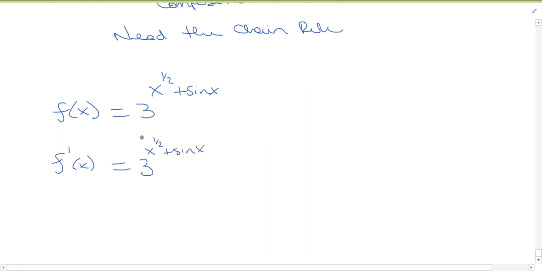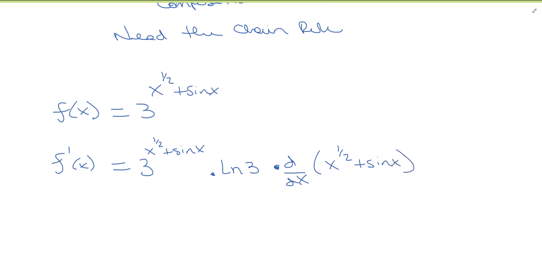So I get my entire exponential back times, the base is not e, it is 3, so times the natural log of the base. But I also now need, because that's not just x, I need to do times the derivative of the stuff, the derivative of the exponent, and this is by chain rule.